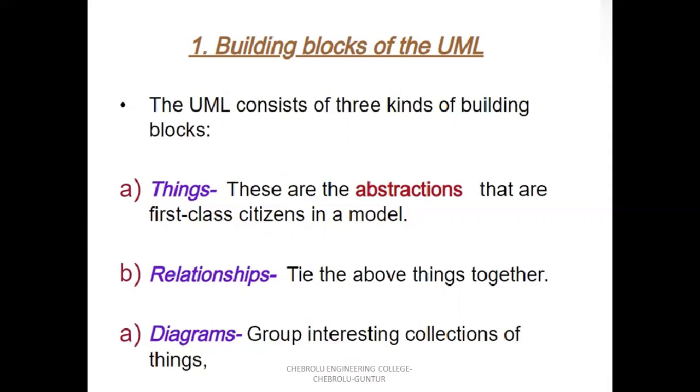Relationships are used to put things together, to define how one thing relates to another thing. There are different types of relationships. Next, third one, diagrams. The diagrams group the interesting collection of things and relationships.